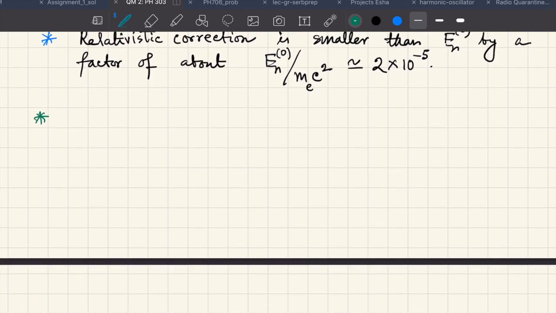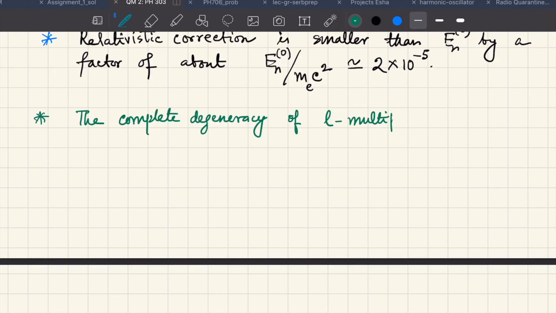So that is another interesting fact, that the complete degeneracy of the l multiplet for a given n has been completely broken.